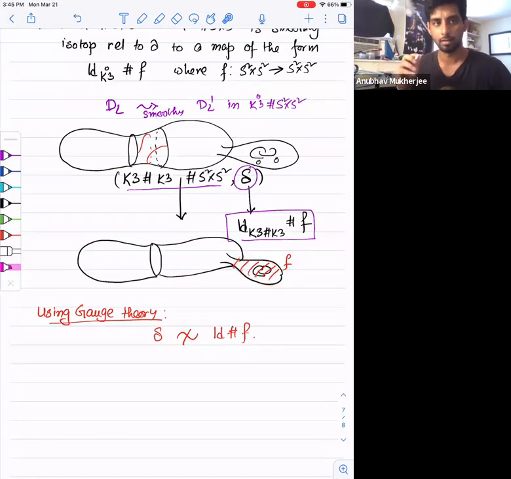And then the final step is to use gauge theory and say that the Dehn twist here cannot be of this form.